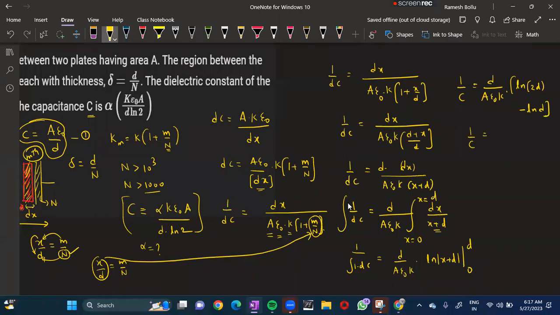So 1 by C equal to d divided by A epsilon naught K times ln of a minus ln of b, which is ln of a by b, that is 2d by d. d and d cancel out. So 1 by C equal to d into ln 2 divided by A epsilon naught K. So capacitance C equals A epsilon naught K divided by d into ln 2.